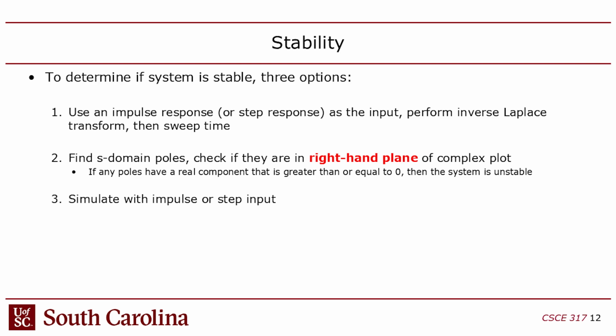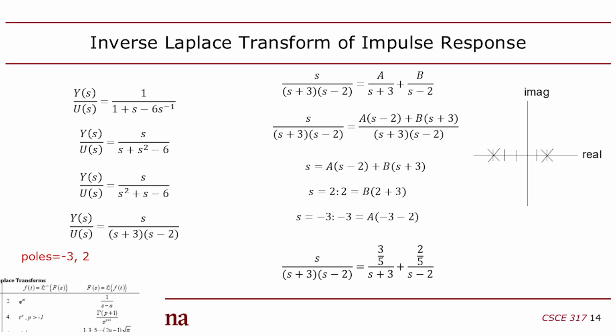That makes sense? So another way of saying that is if you want to make sure that all the poles are on the left-hand side. I have a picture of that somewhere here. Yeah.